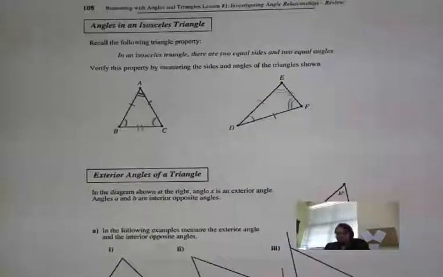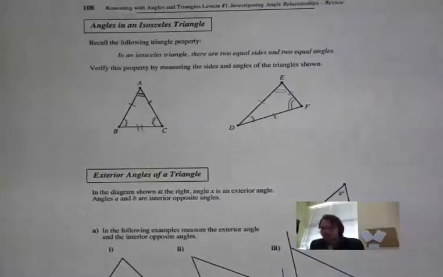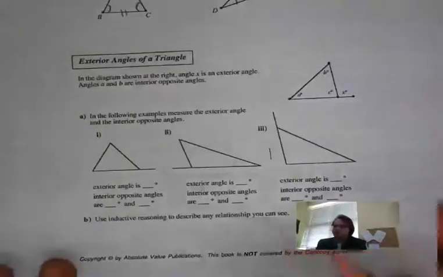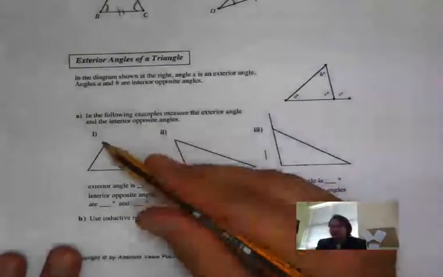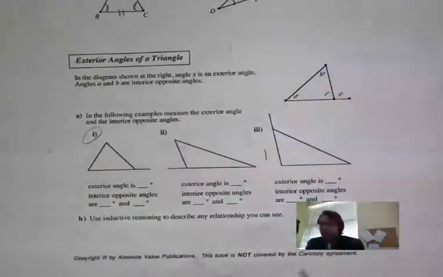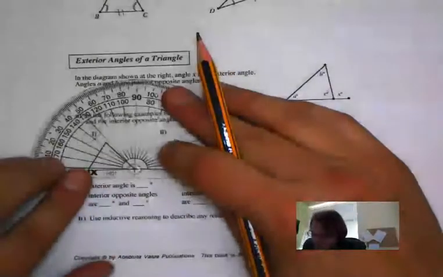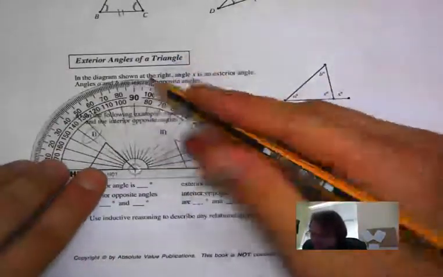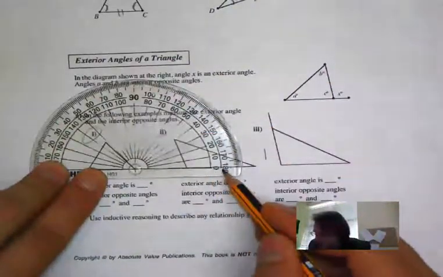Okay, next one. So now we're looking at isosceles triangles and triangles, so on and so forth, but we are also bringing out other rules. So, exterior angles of a triangle, which makes it even more tricky, but it's not that bad. So, here we go. What is the exterior angle of triangle I? Measure, I'm going from here, 0.